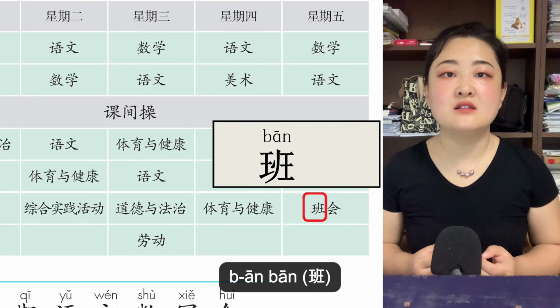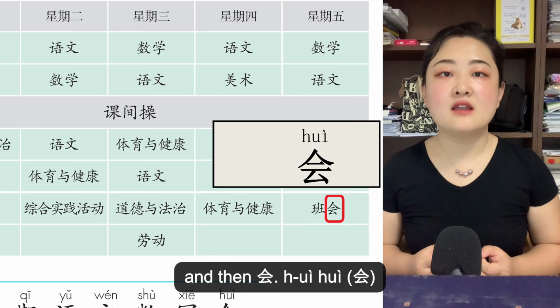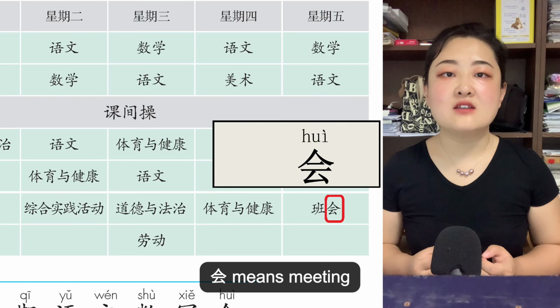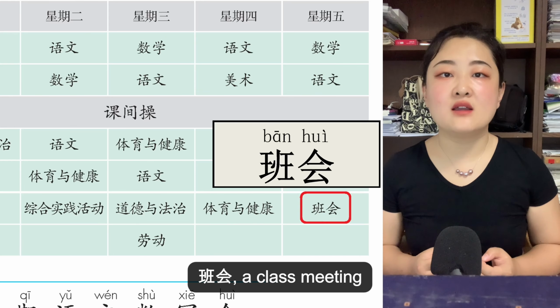And then 会 means meeting, 班会 a class meeting.